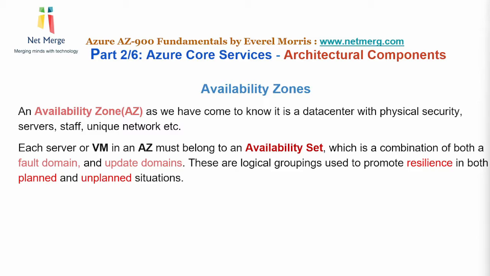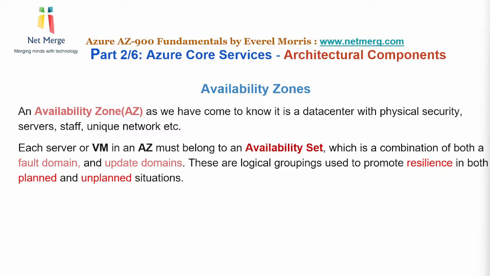We're going to explain how that is done and how transparency is maintained when that is being done. So an availability set is the magic behind that happening in Azure, and we're going to look at it. An availability set, which is a combination of both a fault domain and an update domain, is used in Azure, and each virtual machine must belong to an availability set.